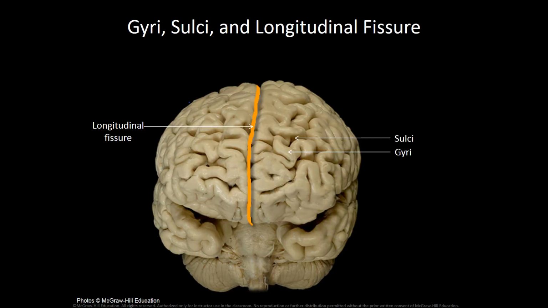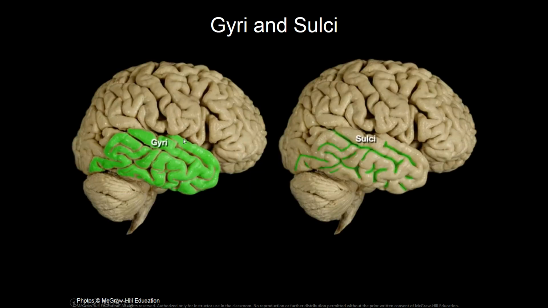This is an anterior view of the cerebrum. You can see here the longitudinal fissure with the sulci and the gyri. Gyri are thick folds or convolutions or turns, while the sulci are shallow grooves.